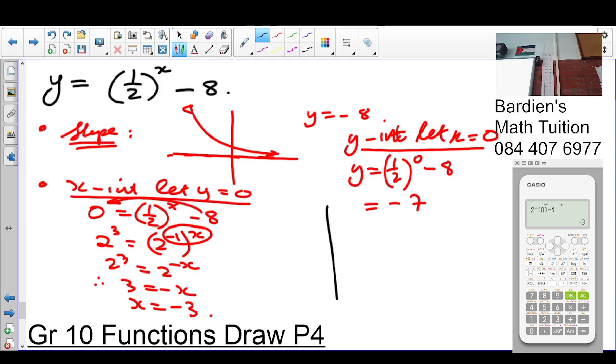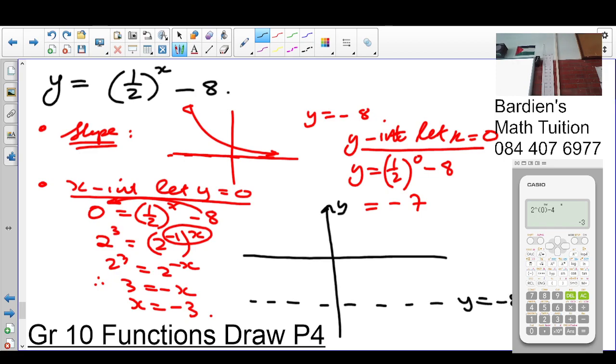Okay? y is equal to negative 8 is the first thing we draw in. The graph is decreasing. So it has the x value of negative 3 and a y-intercept of negative 7. The graph is decreasing, so it's coming through.